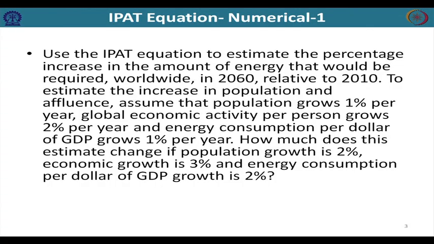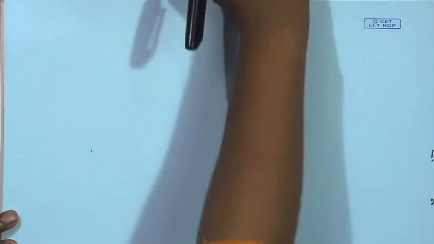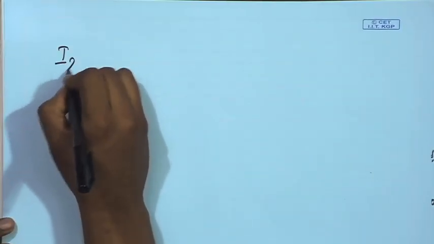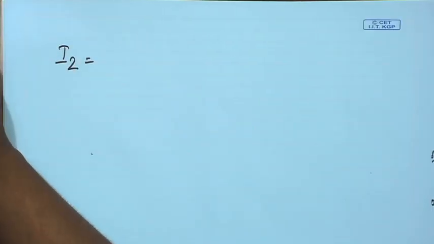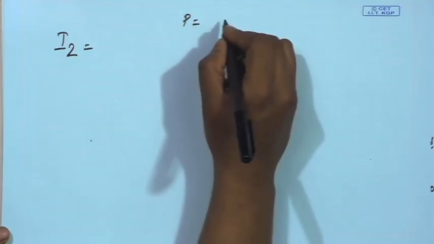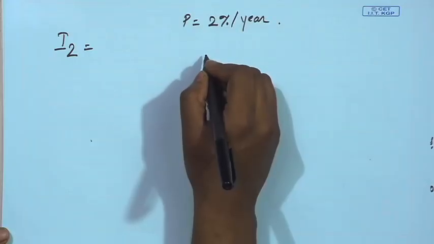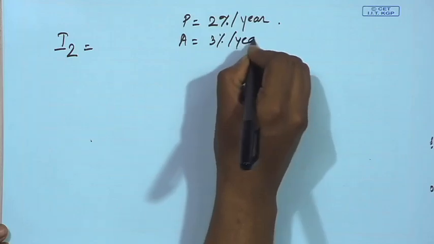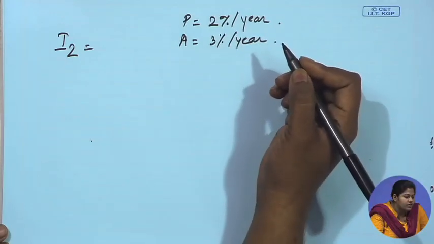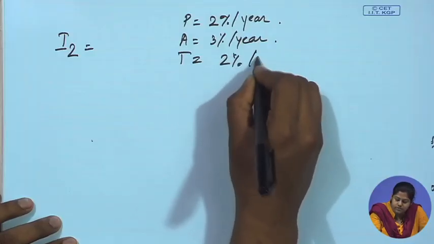Now, let us consider that this is our I1, and our I2, in the second case, asks how much this estimate changes if the population growth is 2%. So now our P changes from 1% to 2% per year, our economic growth is 3% per year, and energy consumption per dollar of GDP grows, which is our T, at 2% per year.